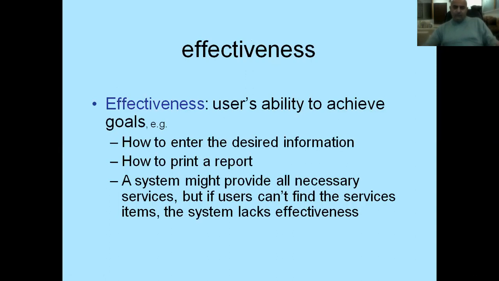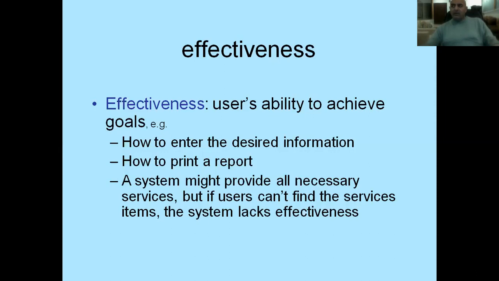Effectiveness. How will the thing be effective? Effectiveness is the users' ability to achieve goals. If the thing is very effective, it will help the users achieve their goals: how to enter the desired information, how to print a report. A system might provide all necessary services, but if users cannot find the service items, the system lacks effectiveness.